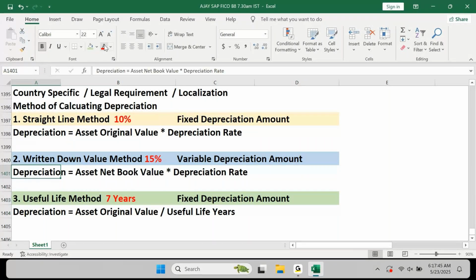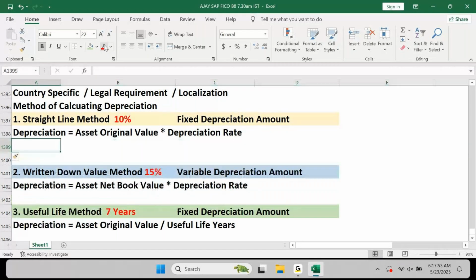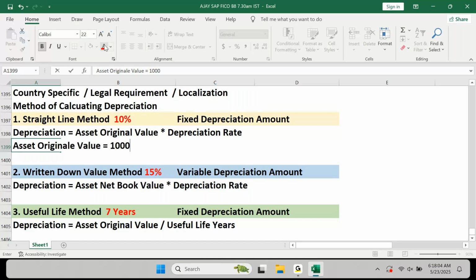Let's assume that asset value is some fixed number everywhere. If I put asset original value, meaning asset purchase value, 10,000, and the depreciation rate 10%, 10% is 1,000.